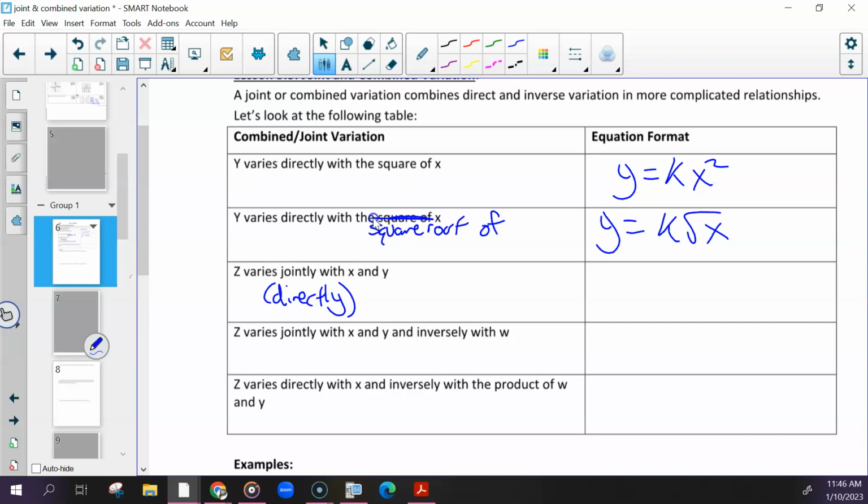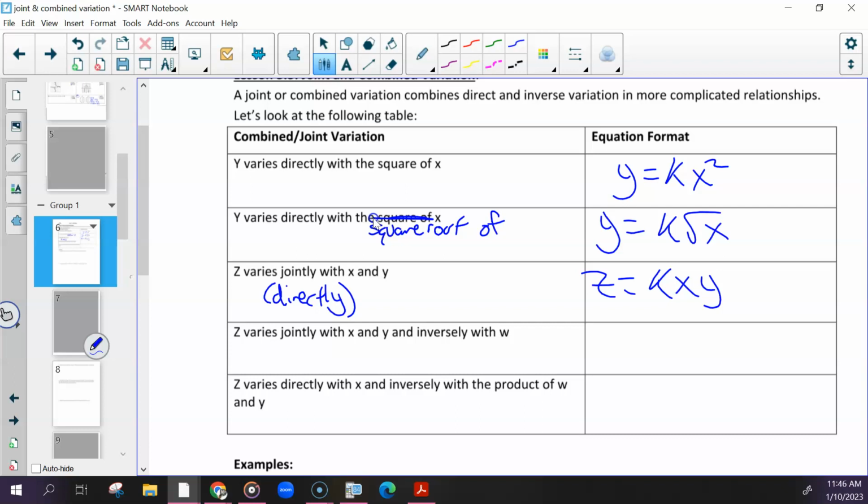Here we're starting off with z varies, so that would be z equals. Still need your k, no matter what. And then jointly with x and y, you would just put those next to each other. X and then y. The k is your constant, so you need that in all of your equations, otherwise you don't really have a point for making your equations.